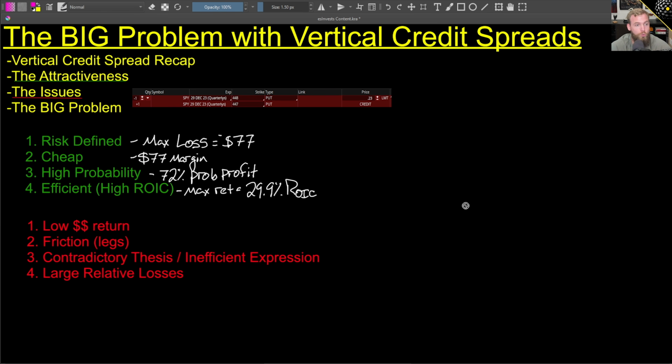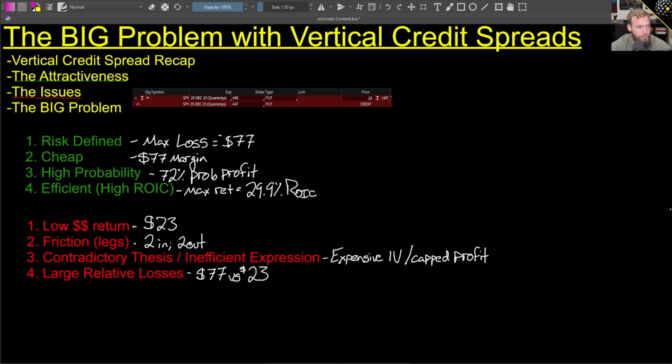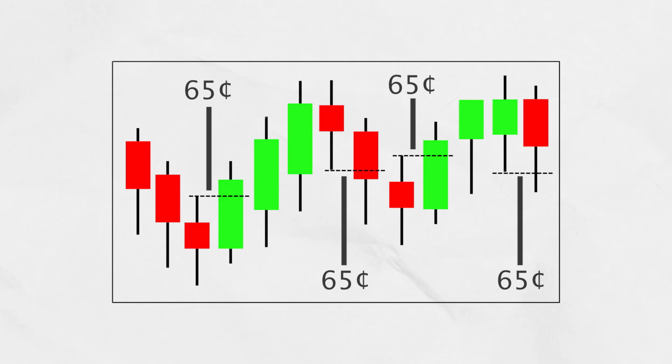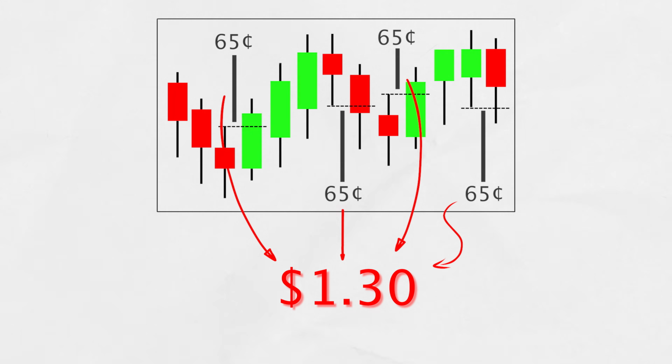This is a low gross returning strategy. In this case, for a dollar wide vertical, you're making $23. That's not that much money. It also has more friction because there are multiple legs. If you think about your commissions, let's say you pay 65 cents per leg. That means on the way in, you are paying $1.30.